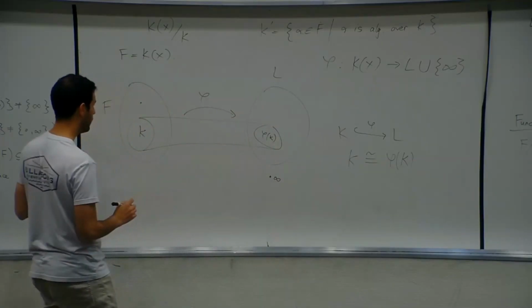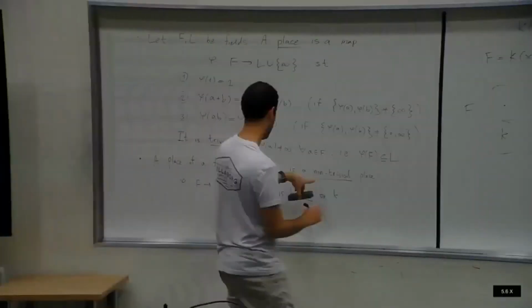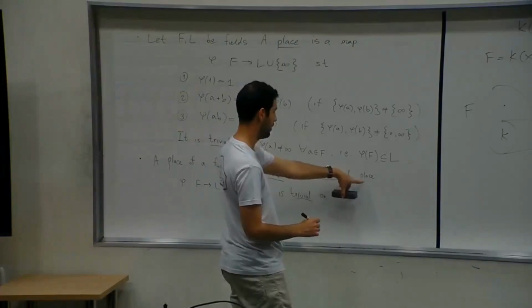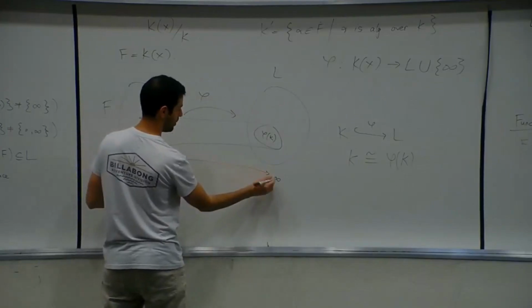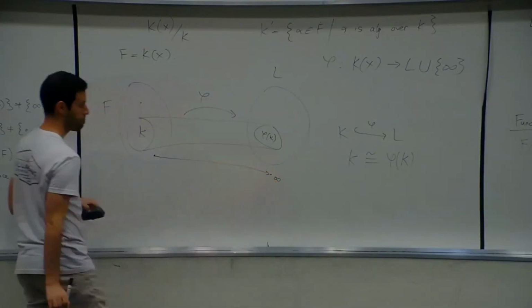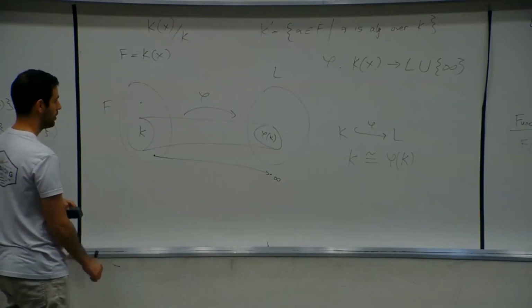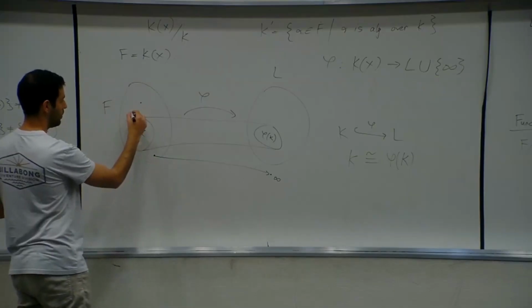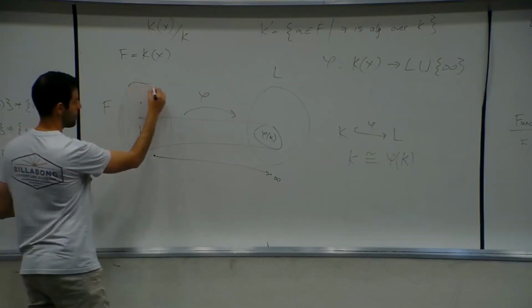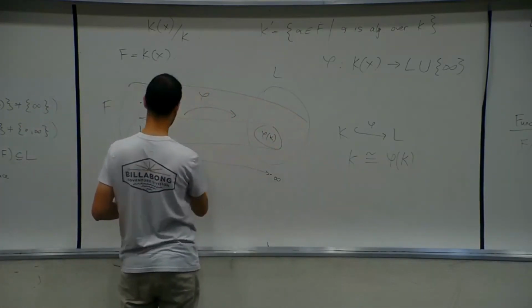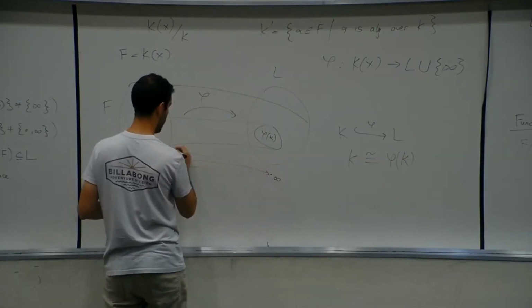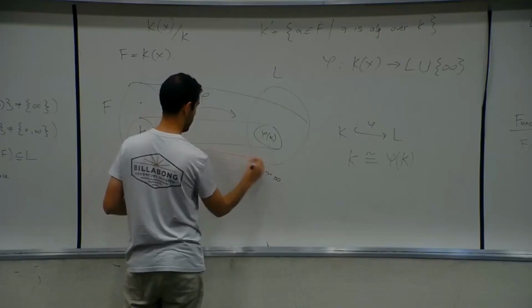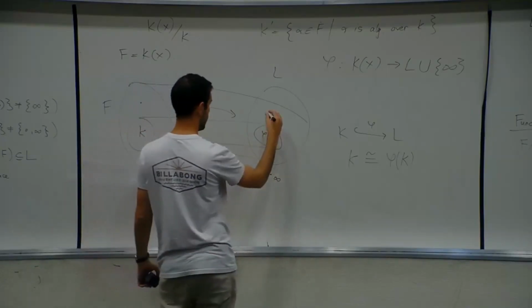Okay, and what else do we want? We want the place to be non-trivial. So we want that some function in F will be mapped to this, and the others are mapped to this, so some to this and some to this.